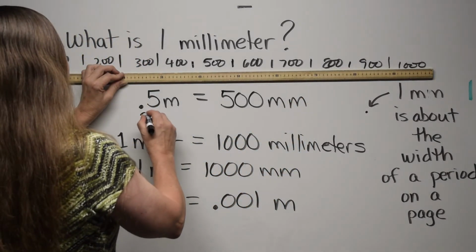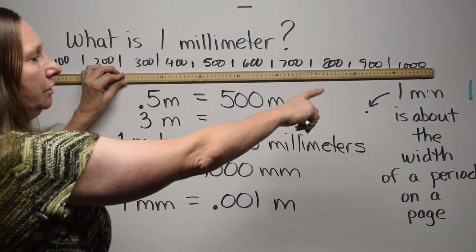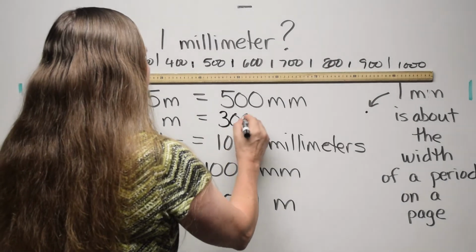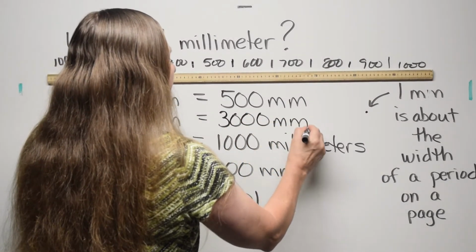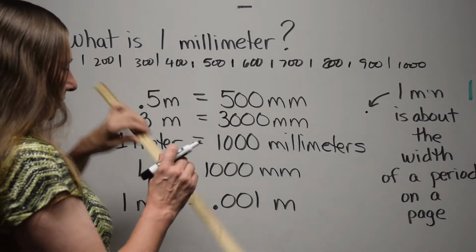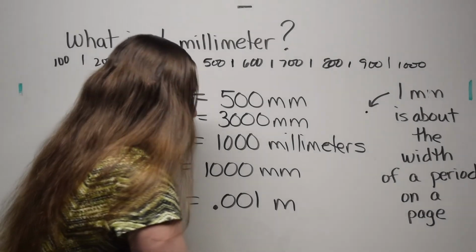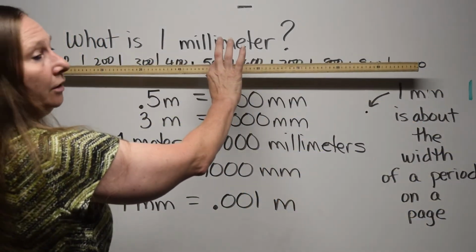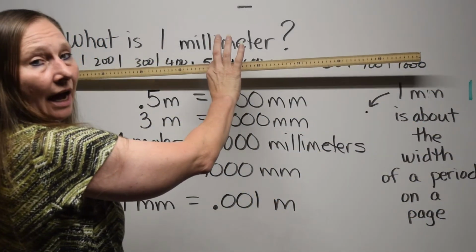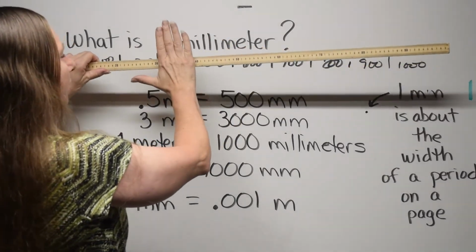What would 3 meters be? 3 meters would be 3 of these. 3,000 little itty bitty millimeters. All right? So what you've got here, this is a meter. It's about the height from the floor to the doorknob. You've got a decimeter.